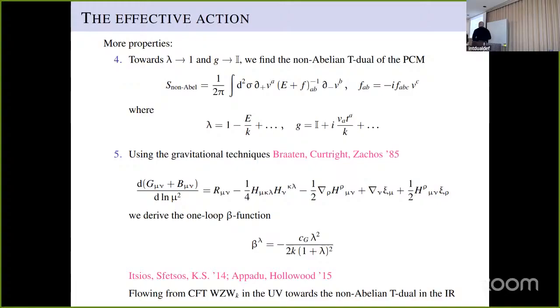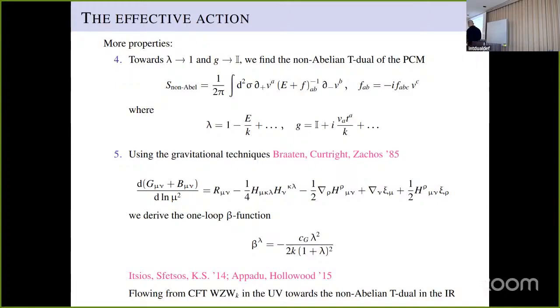Assuming that the C_G is positive at this level, have in mind, for example, cases like SU(2), SO(3) and higher, then we can see that if lambda goes to 0, this is a fixed point, and since this is negative, the theory will flow from the UV, where we have the Wess-Zumino-Witten model, towards the IR, where we have the non-abelian dual model.